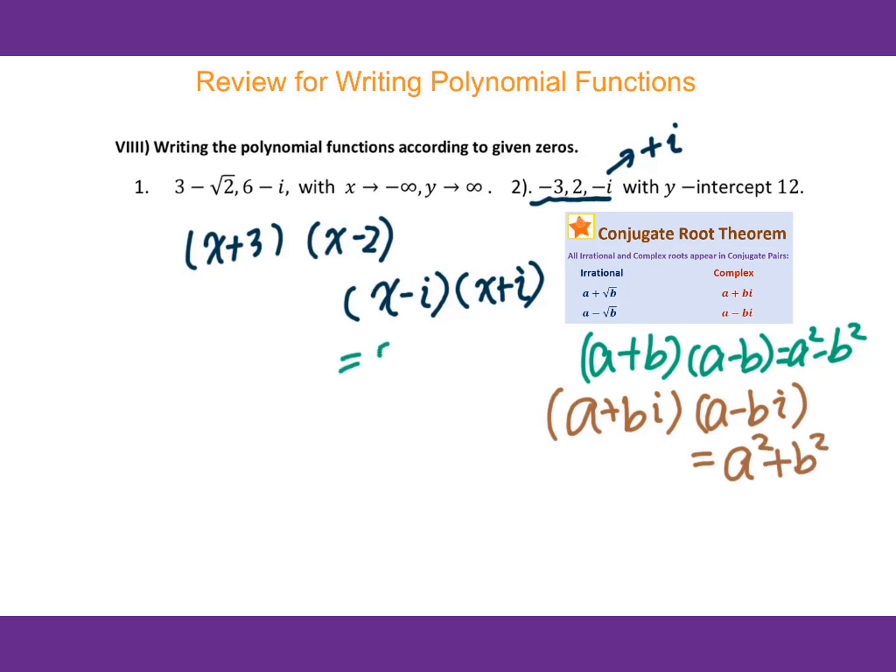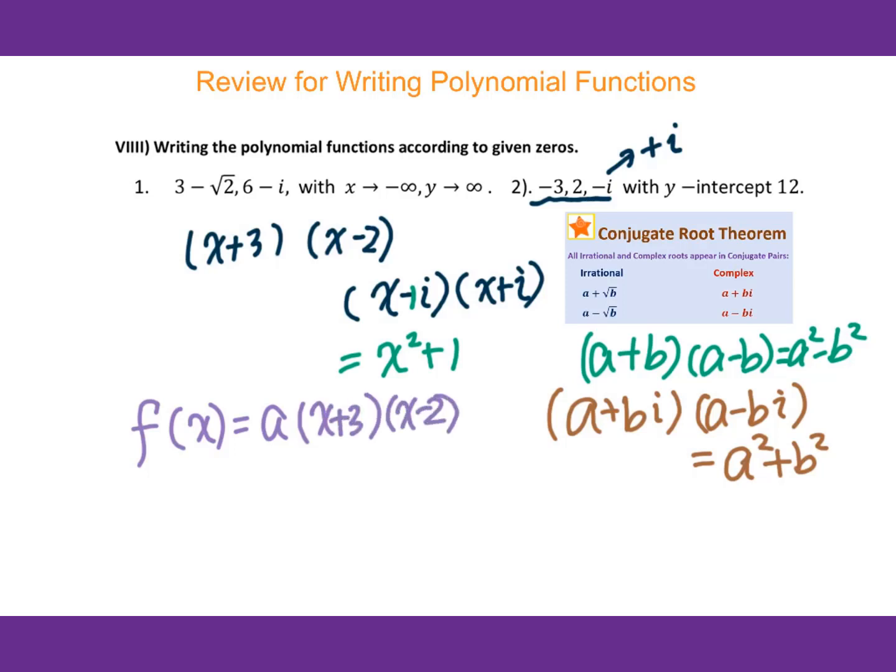Therefore, we got the answer x squared, 1 will be the b, so plus 1. Therefore, I can write down the polynomial function as a times x plus 3, x minus 2, and also x squared plus 1. For the given information, y-intercept, that's 12, so f of 0 equals 12.